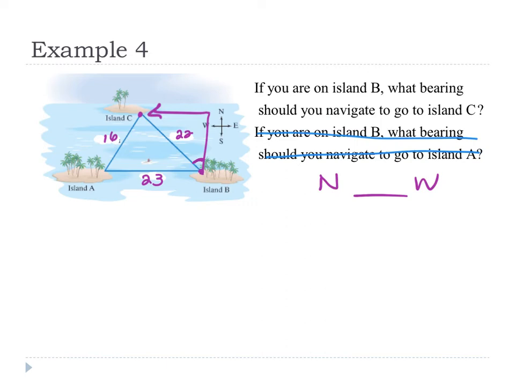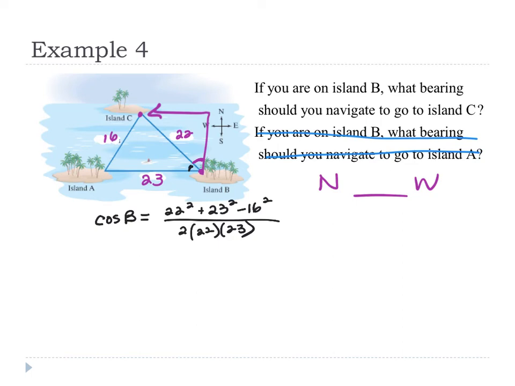So the first thing I'm going to do is find angle B. I'm going to say cosine of B equals 22 squared plus 23 squared minus 16 squared over 2 times 22 times 23. And I would say second cosine, open the parentheses, 22 squared plus 23 squared minus 16 squared, close the parentheses, divided by 2 times 22 times 23.